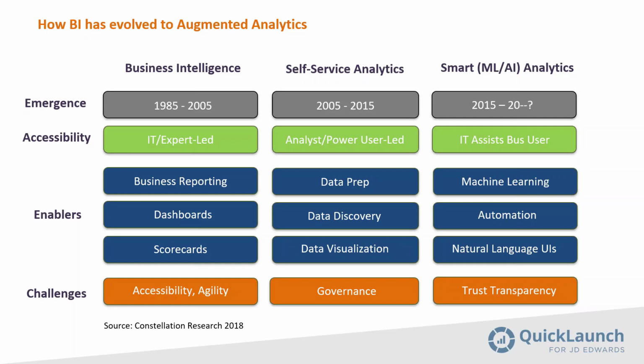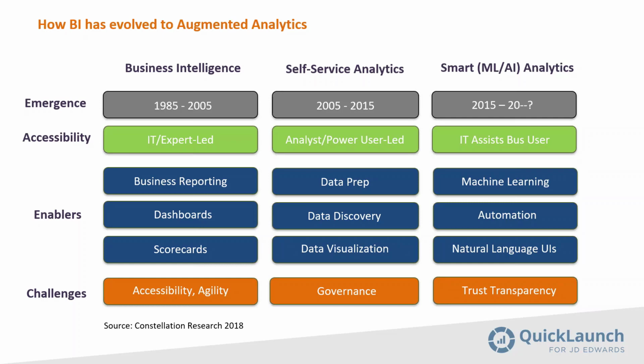So now we're in this new wave of smart analytics, which is really IT enabled, and so IT's managing a lot of the single source of truth or the data models, but then business users are connecting and doing data discovery and creating their visualizations on top of that.